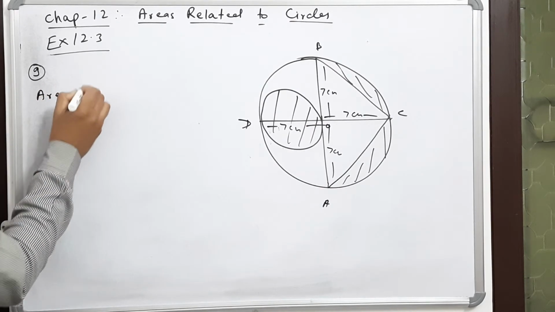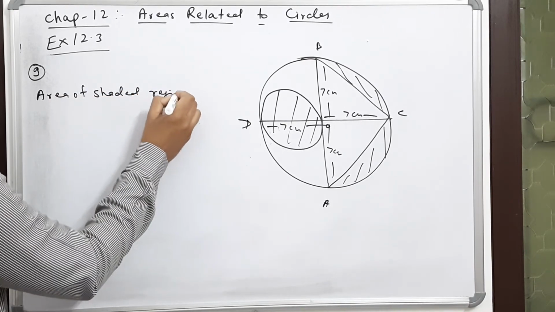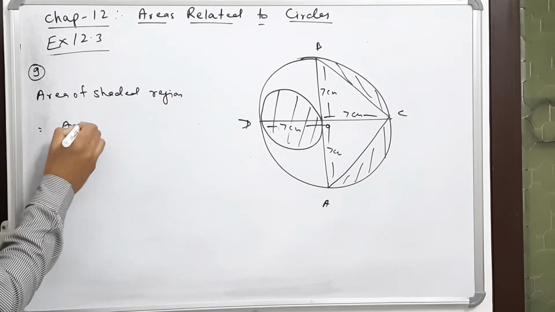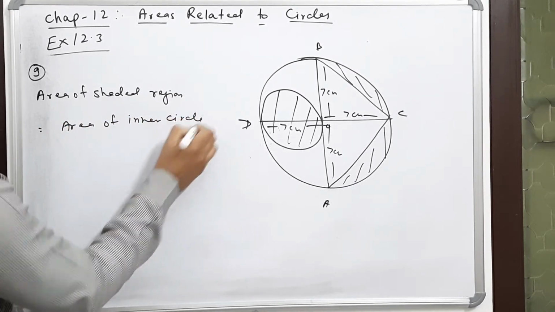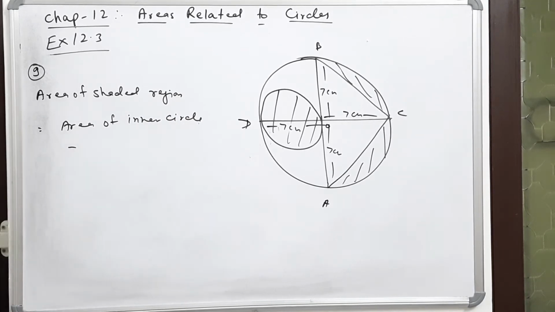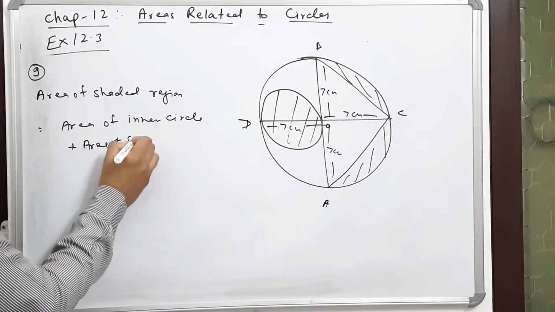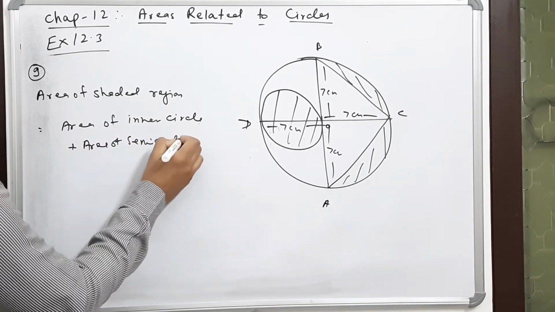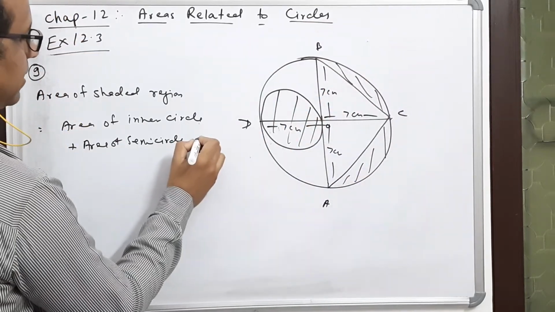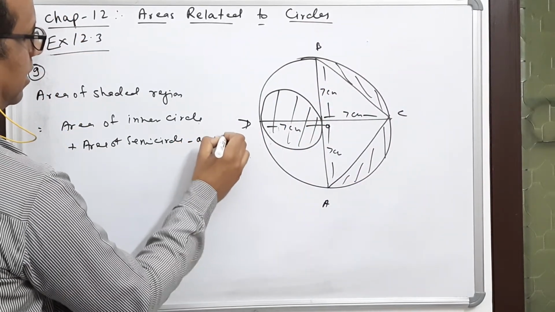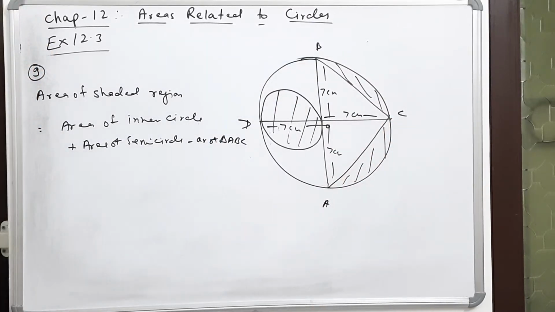So you see, area of shaded region is area of inner circle plus area of semicircle, this semicircle, minus area of triangle ABC, that is the area of this triangle.